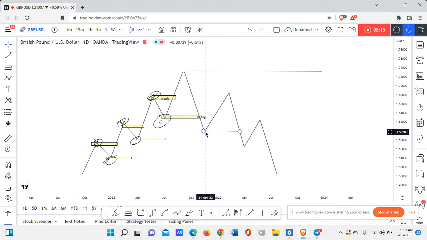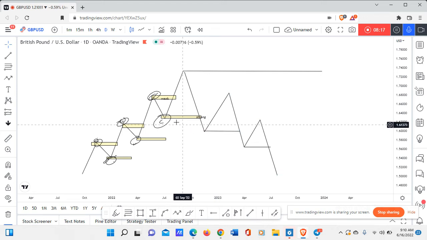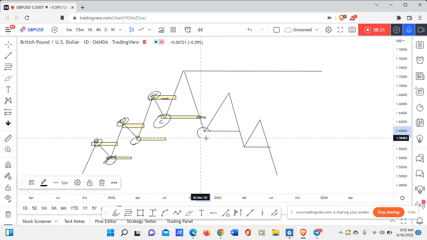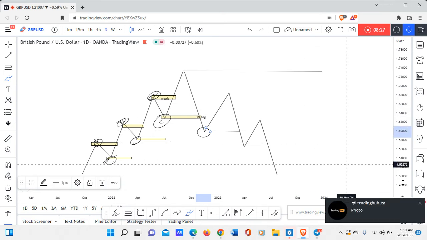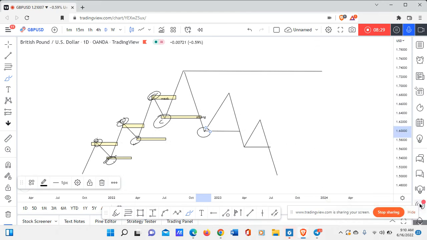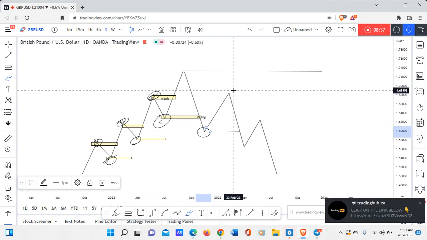Since we broke this low, we now have a low that is lower than the previous low, and those are the characteristics of a downtrend.